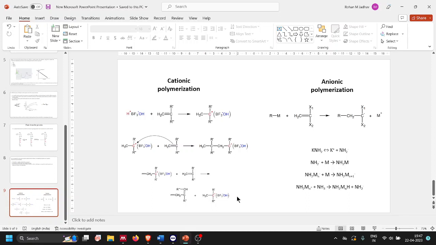As the counter ion neutralizes the cationic charge, it will undergo a unimolecular rearrangement, which will stop the cationic polymerization process.